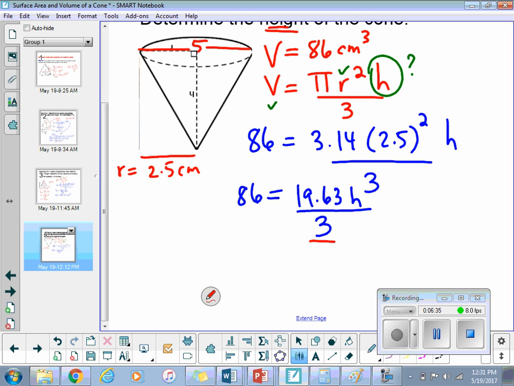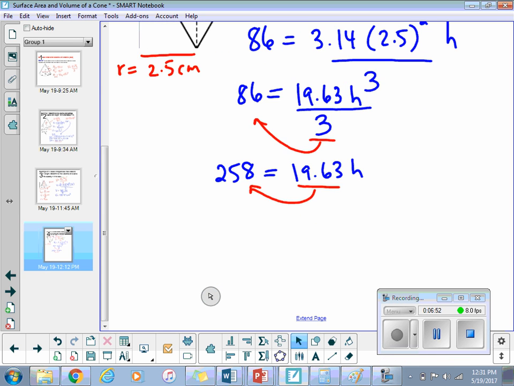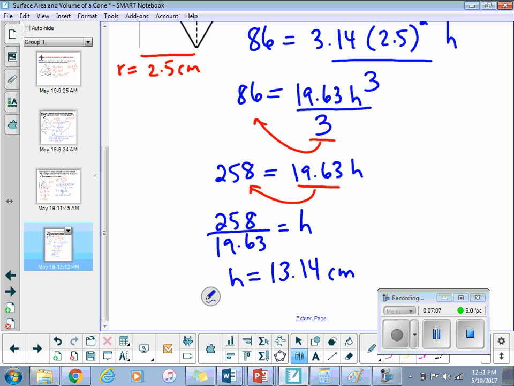If you want the h by itself, you're going to move the 3 over, which means you're going to multiply the 86 by 3 to get 258. That's equal to 19.63 h. So h is still not by itself. You're going to move that over as well, and that means you're dividing. So you're taking 258 divided by 19.63. That's going to give you h. So hopefully you found out that h is 13.14 centimeters in height.